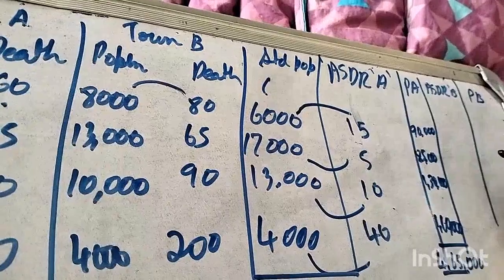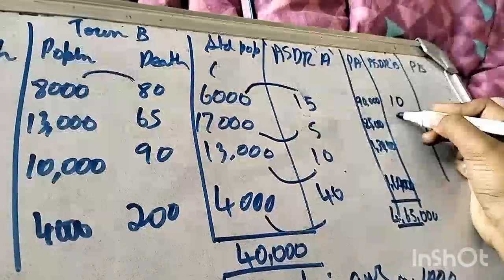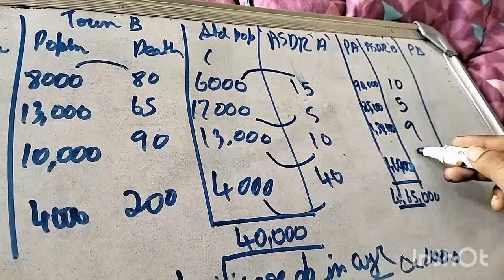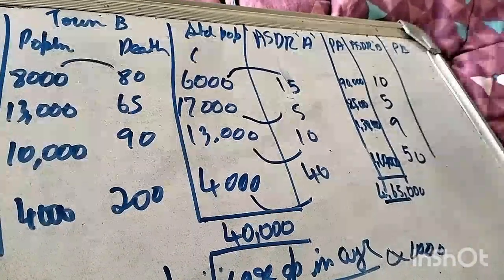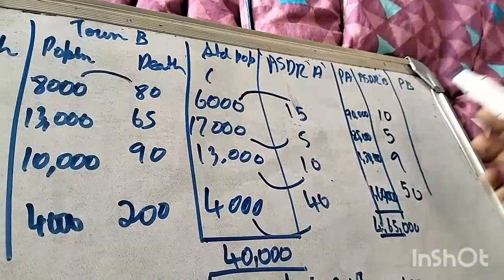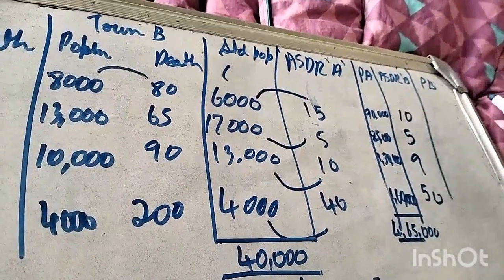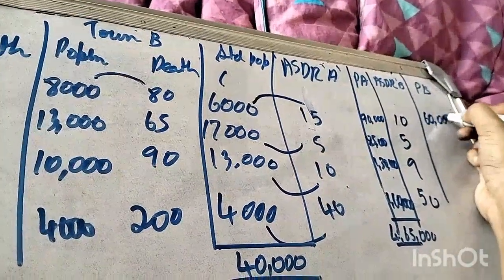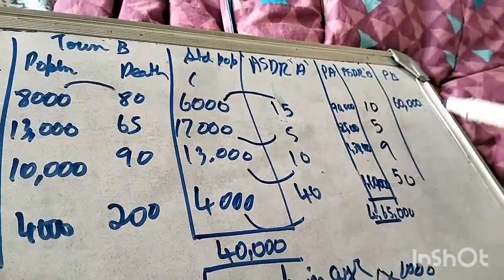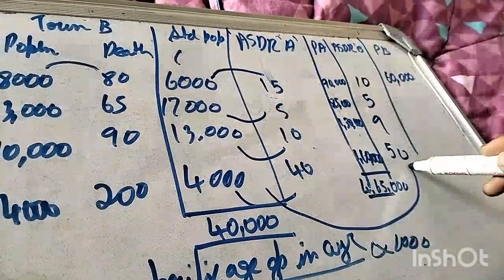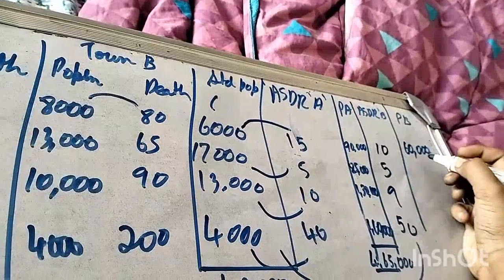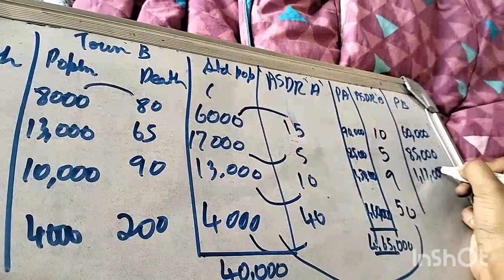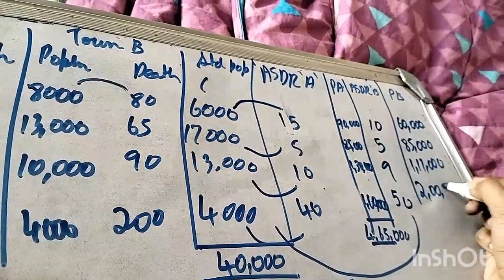So ASDR of B, let's fill in 10, 5, 9 and 50. PB is nothing but standard population multiplied by ASDR of B. 60,000, 85,000, 1,17,000 and 2 lakh.